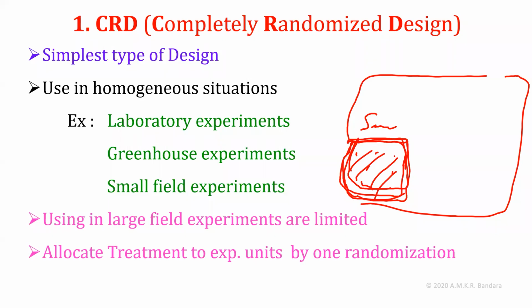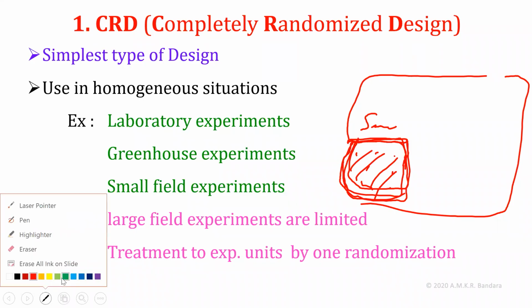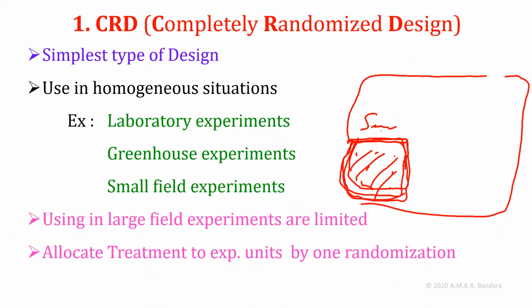Here, randomization is done to all the experimental units at the same time. Assume we have three treatments and two replicates, T equal to 3 and R equal to 2. We are going to use 2 replicates and 3 treatments.